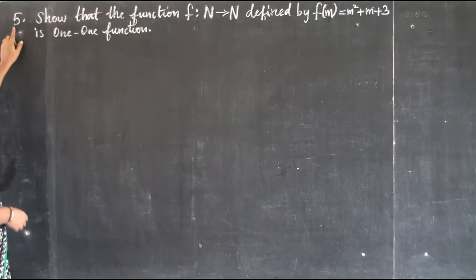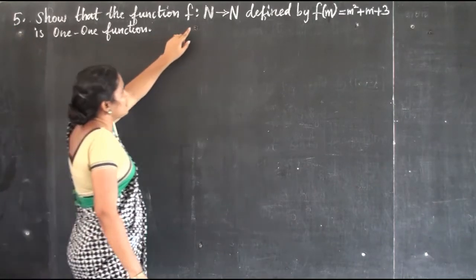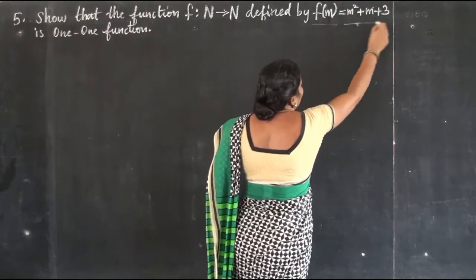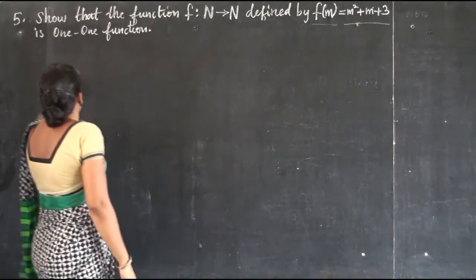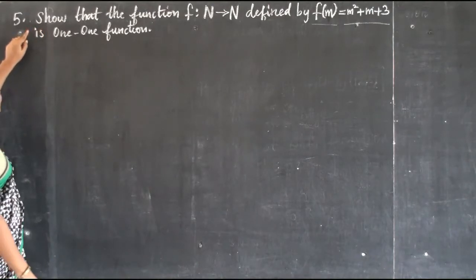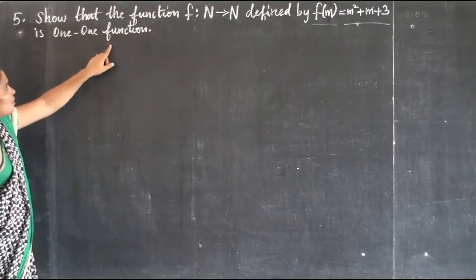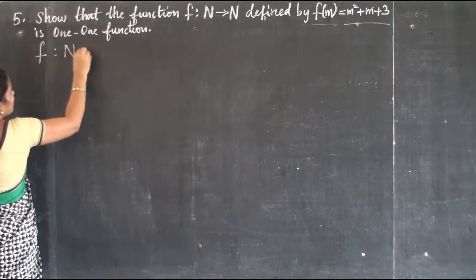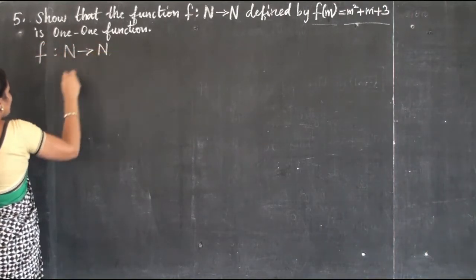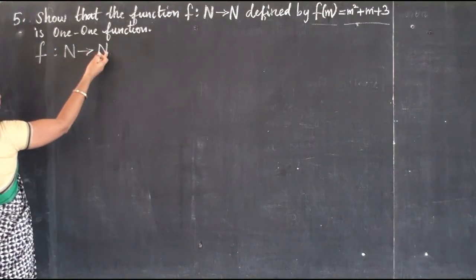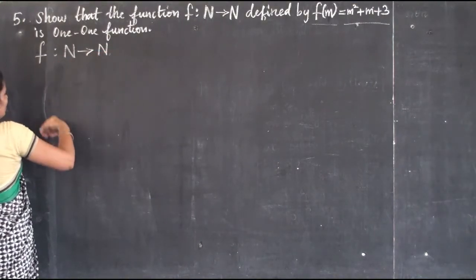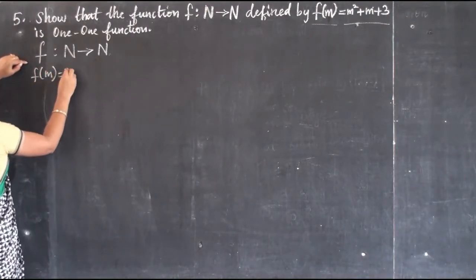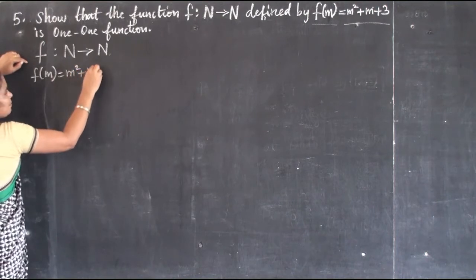Okay. Question number 5. Show that the function f from N to N defined by f of m equals m square plus m plus 3 is one-to-one, and declare whether it is one-to-one. What is N to N? N to N is nothing but natural number to natural number. First, solve f of m is equal to m square plus m plus 3.